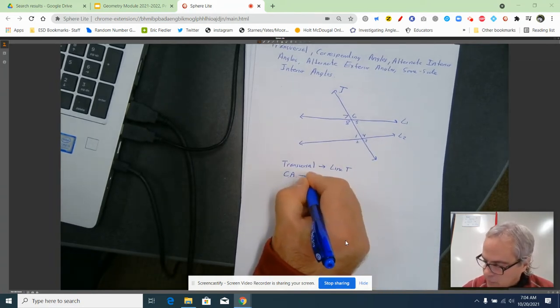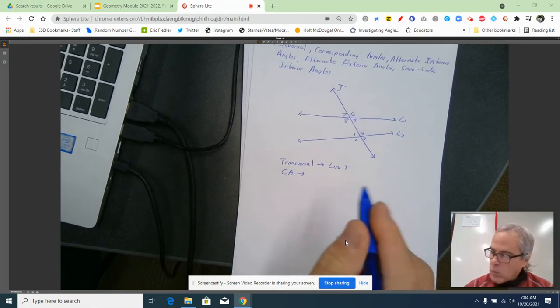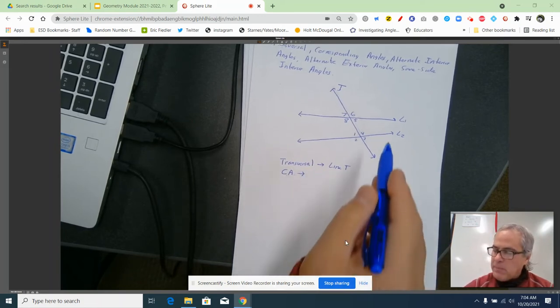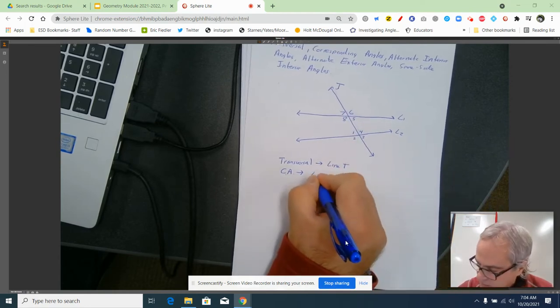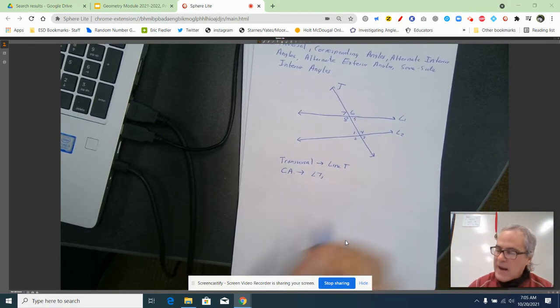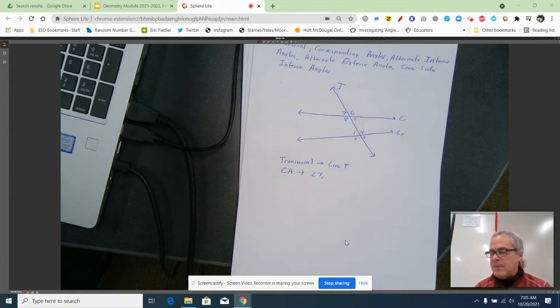So corresponding angles. I need one in the interior, one in the exterior. I'm going to pick an angle that's in the exterior, just a random angle. How about angle 7? To get a corresponding angle with angle 7, here's what has to happen. Angle 7 is in the exterior, right? So the other angle has to be in the interior, and it can't be a linear pair with angle 7 or adjacent to it.